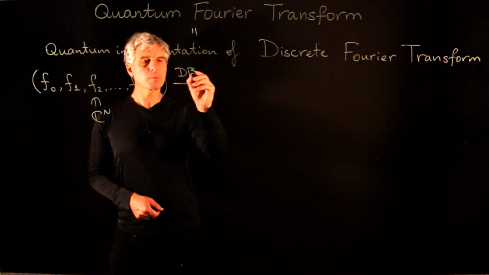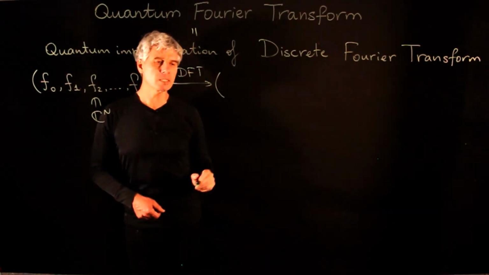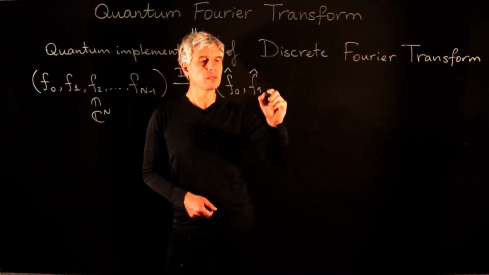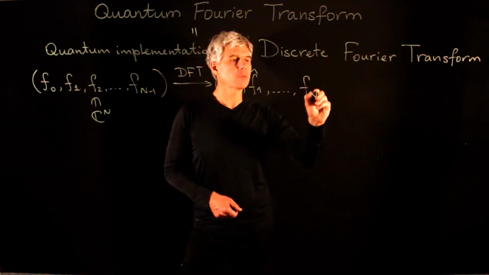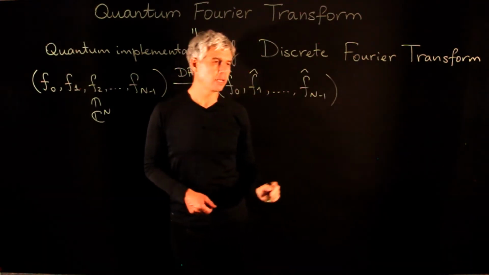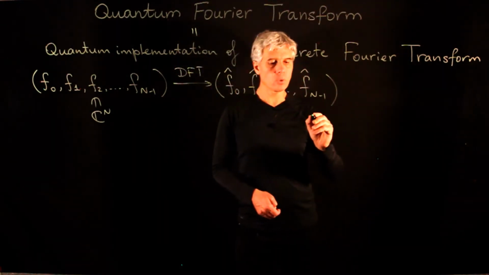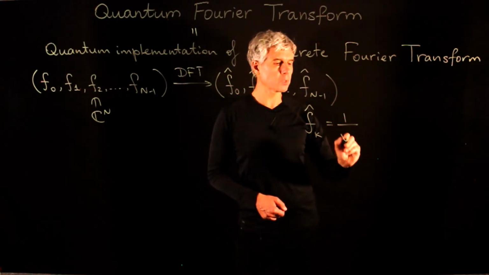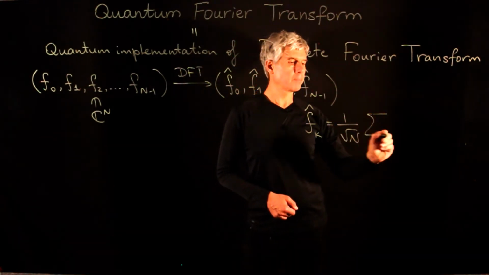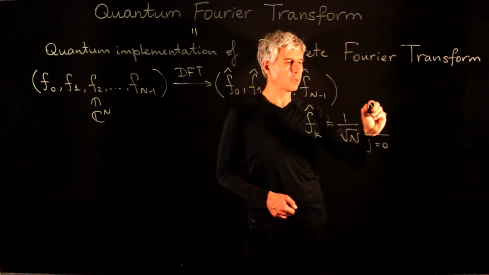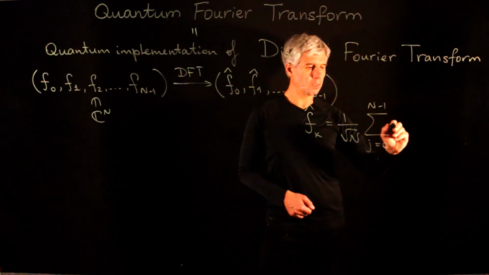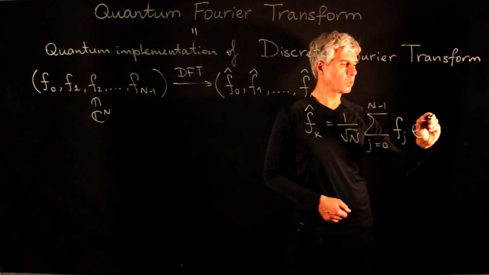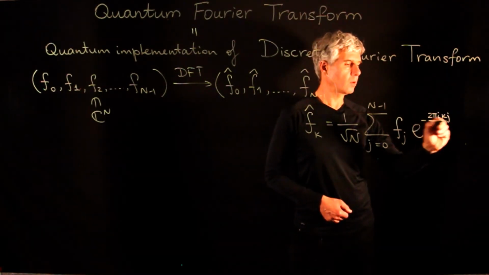When we apply the discrete Fourier transform, we get a sequence of Fourier coefficients, f0 hat, f1 hat, all the way up to fn minus 1 hat. The formula for fk hat is 1 over square root of n, sum j goes from 0 to n minus 1, fj times e to the minus 2 pi i kj over n.